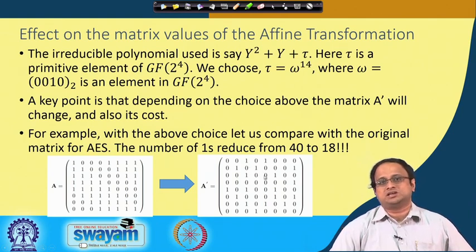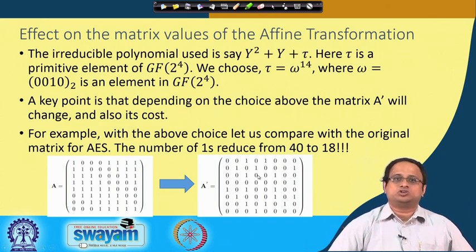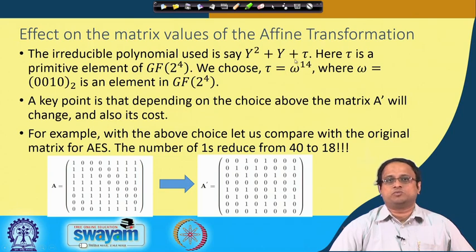So there will be a significant amount of saving when you make proper choices on the irreducible polynomial coefficients. Here is one such nice choice, but there may be other bad choices as well. So you need to explore that space, and from there you should be able to come up with a design strategy where you optimize the affine transformation in a much more effective way.